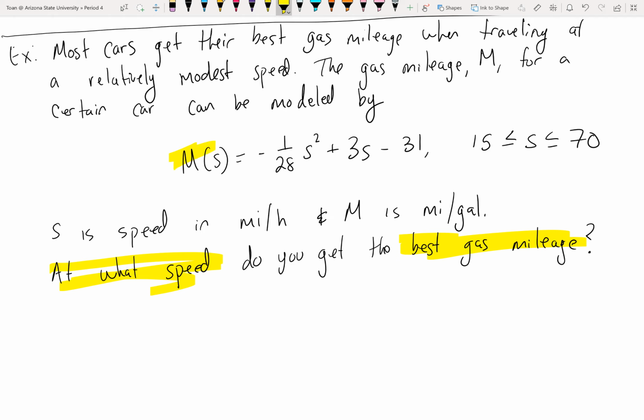Oh, the function is mileage. So I want best. Doesn't best sort of imply the biggest? So, hey, this is just a maximum question. Maximum of a quadratic? Oh, that is vertex. So there we go. We spent 10 seconds thinking about it. We deconstructed the question, a scary word problem, into a relatively simple problem: finding the vertex.